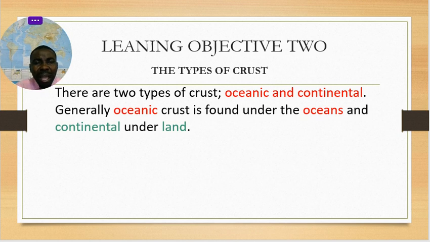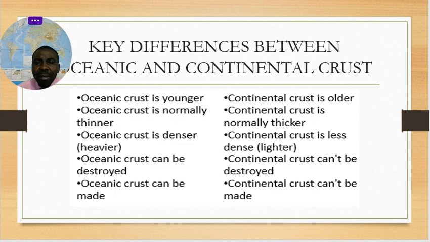We have the continental crust. The continental crust is found under the land, while the oceanic is found under the ocean. And we can quickly look at the major differences between the two.